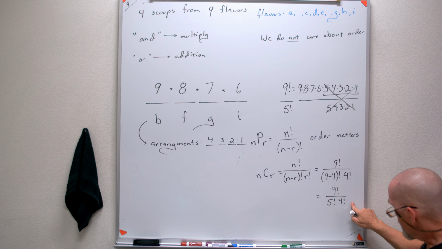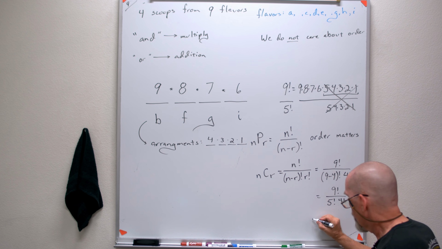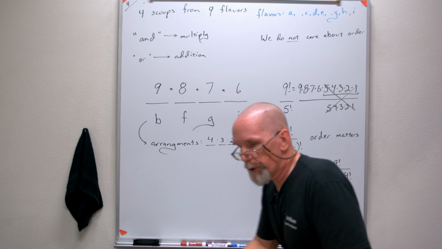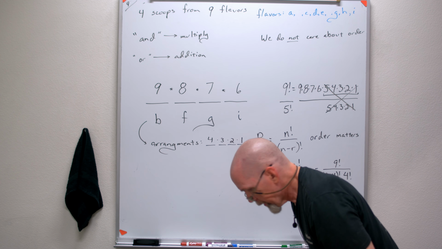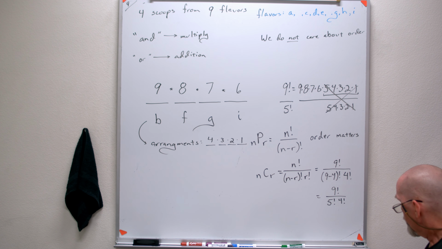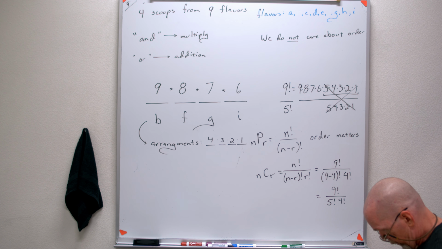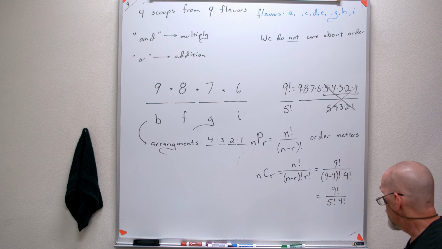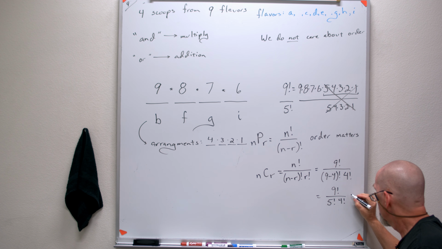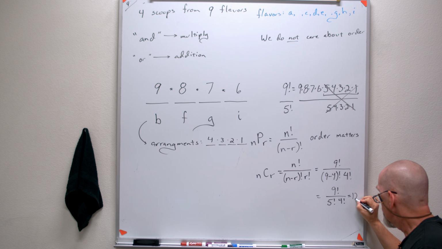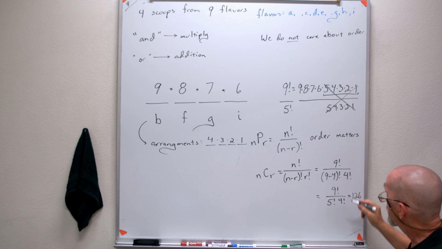And if I figure this out, I'm just going to grab my calculator real quickly. 9 factorial divided by 5 factorial is going to be 9 times 8 times 7 times 6, divided by 4 factorial, which is 24. This would be 126. For the one I just gave, when I changed the numbers a little bit, I'd have 126.